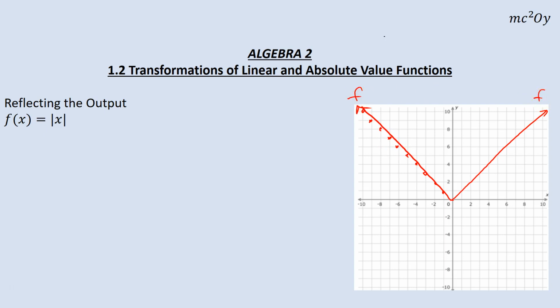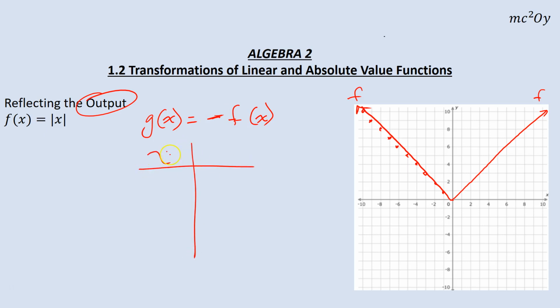Remember, output means it's going to happen on the outside. So if I have g of x equals negative f of x, it's going to happen out here. It's very easy to see table-wise.